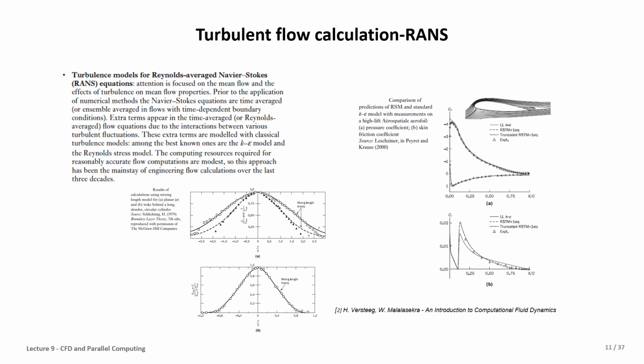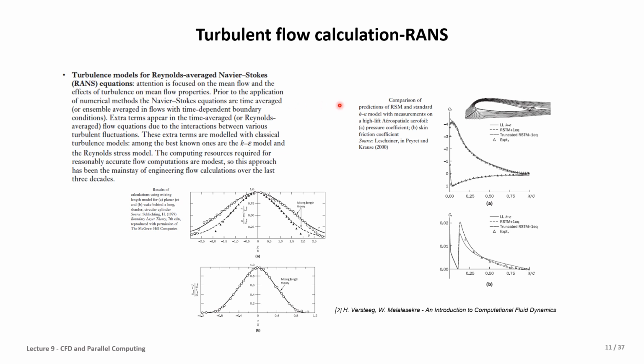Since we don't have an analytical solution for every problem, we have numerical methods to solve these phenomena. The first one is the model we call Reynolds-averaged Navier-Stokes, the RANS equations. In these methods, attention is focused on the mean flow and the effect of turbulence on the mean flow properties.